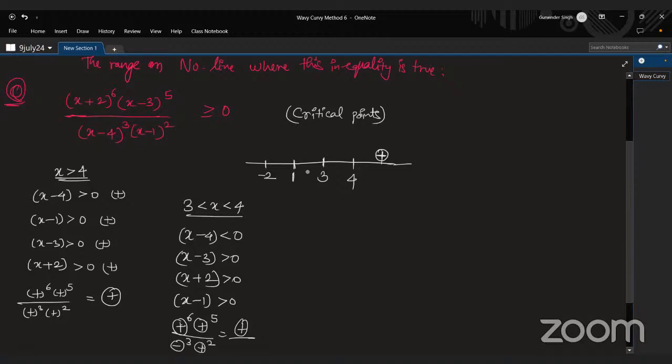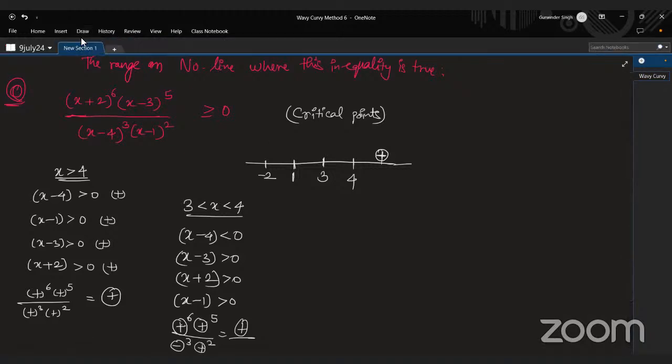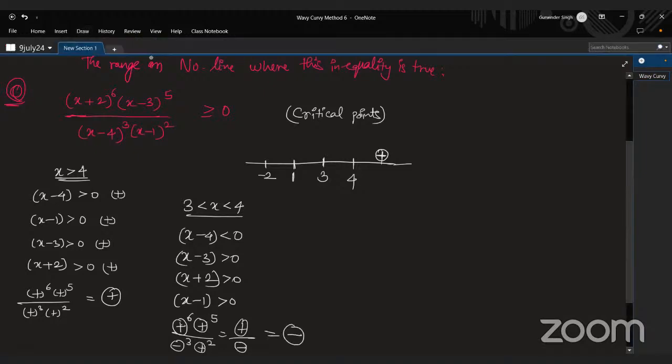A negative number multiplied by a negative number multiplied by a negative number will result in a negative number. We know this thing, right? Negative multiplied by negative will be positive, but again, if you multiply it with a negative number, it will turn out to be negative only. So it will be plus divided by minus. These are just easy tricks to remember. So between 3 and 4, this function will turn out to be negative.